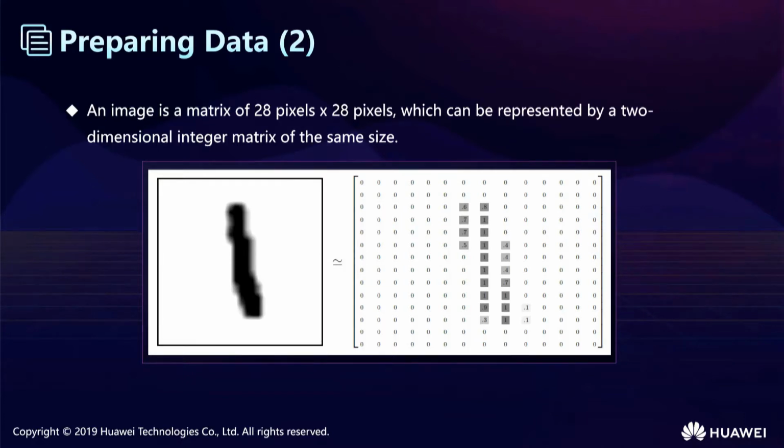This is one of the images in the dataset. It's 28 by 28 pixels, so we can represent it as a two-dimensional integer matrix of the same size like that.